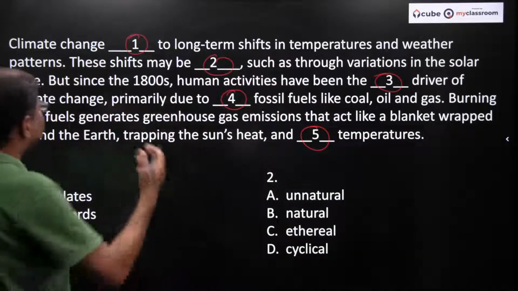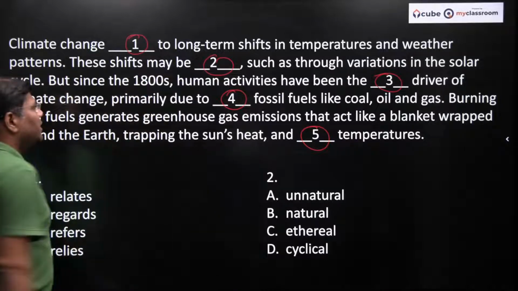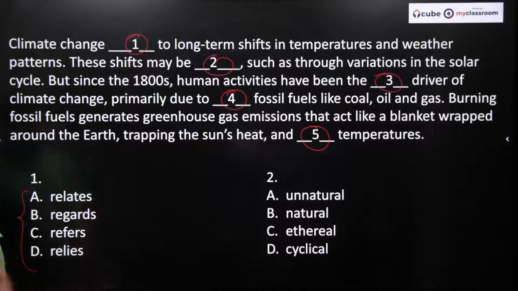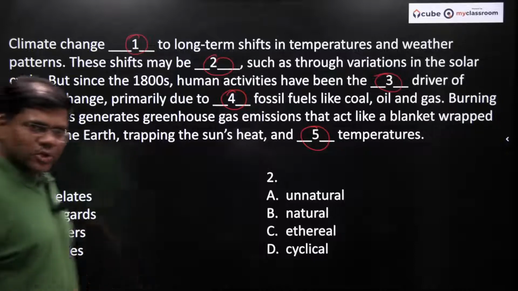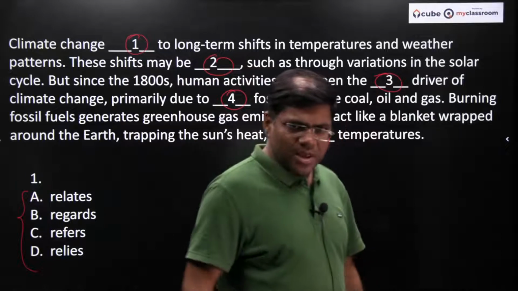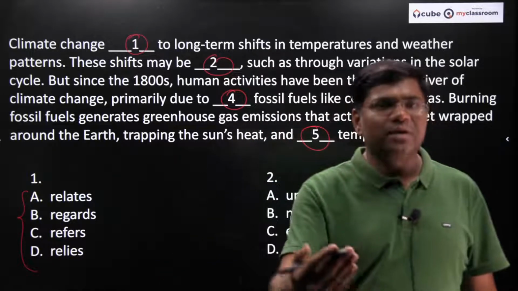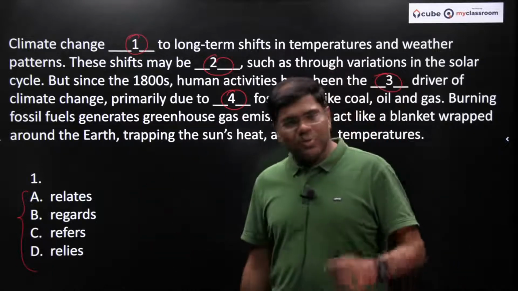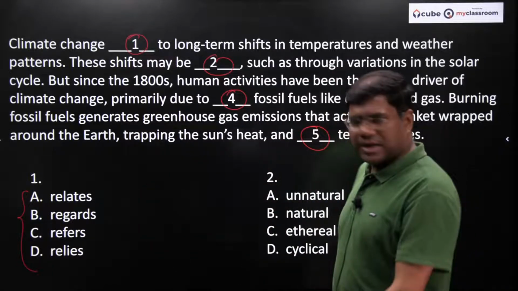So all these blanks have to be filled with one of the given options. For blank number 1 you have these 4 choices. For blank number 2 you have these 4 choices, and subsequently in the next slide you will have blank number 3, blank number 4 and so on and so forth, right? So let's begin with this exercise here.